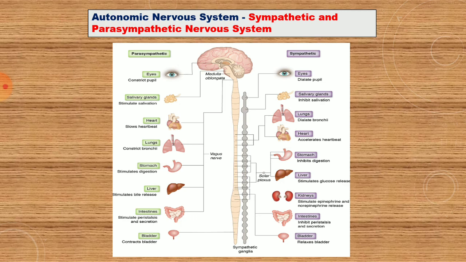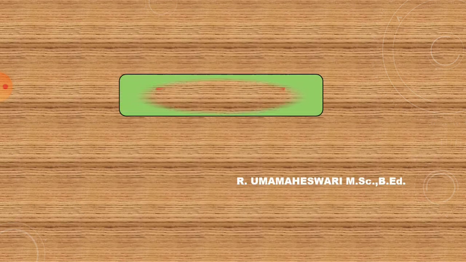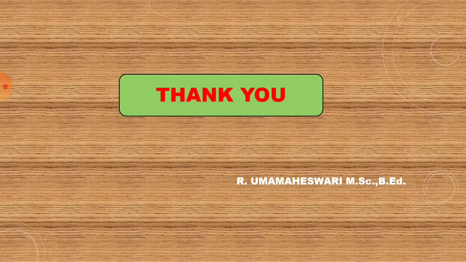It controls involuntary functions of visceral organs. The sympathetic system acts in fright, fight and emergency situations. Some changes occur in our body: the pupils dilate and the salivary glands stop working. The parasympathetic works in relaxed situations.